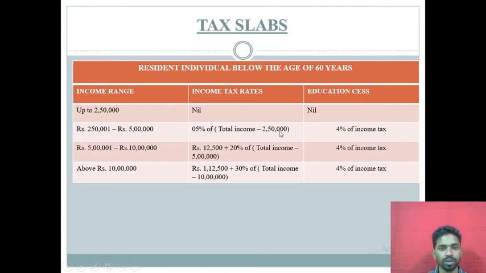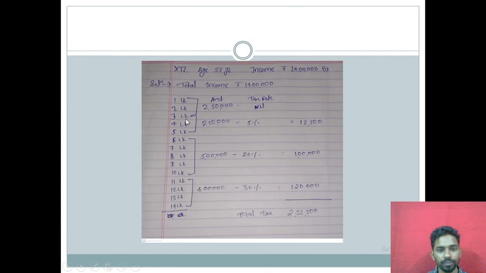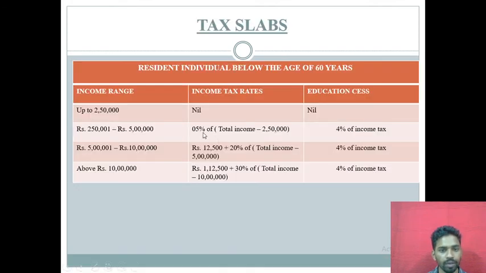So up to this 2,50,000 there is no need to pay; from 2,50,000 up to 5 lakh, the amount in this category is 2,50,000. On this 2,50,000 he has to calculate 5%, and 5% of 2,50,000 is 12,500.